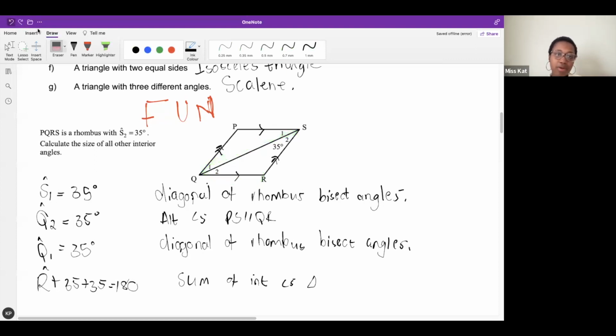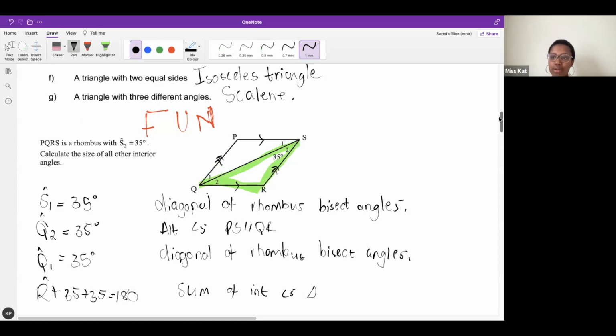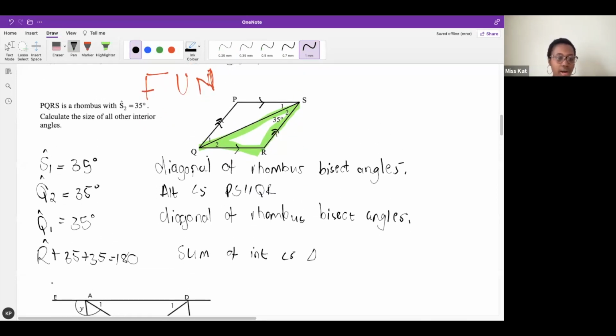There we go. So that is a triangle and we have two angles. So we can use the sum of the triangles to find R. If you do this, you'll find that R is equal to 180 minus 70. Therefore, R is 110. That was beautiful, Zianda.